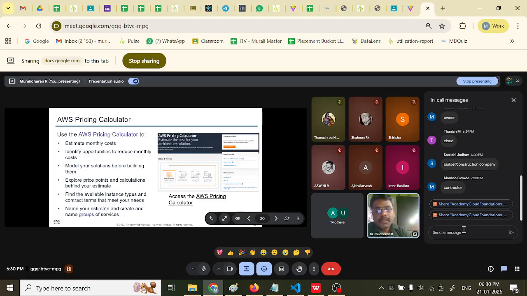Okay, fine. So the contractor, according to the design you asked for, is saying that it will cost you around 85 lakhs. Now what will you do?